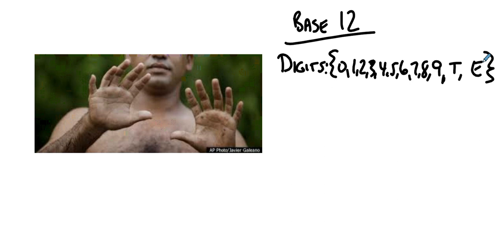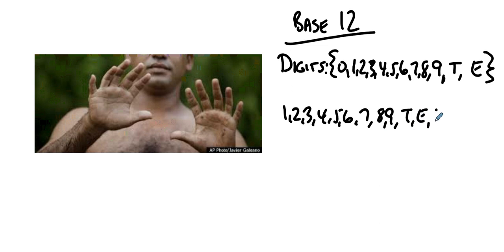So in base 12, we count 1, 2, 3, 4, 5, 6, 7, 8, 9, T, E, 1-0. And this is our number 12. 1-1, 1-2, and so on. This is our number 14, and so on.